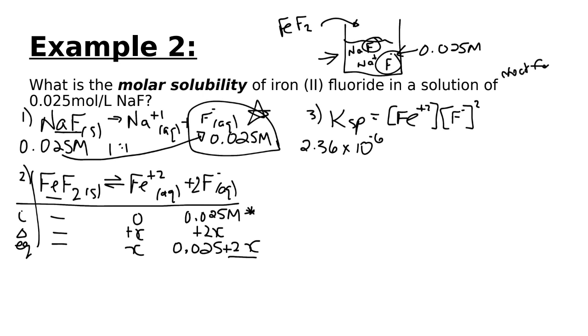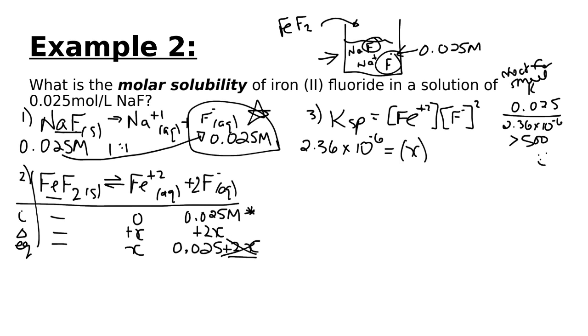We're going to check for small K. Hopefully you can read my writing. We're going to take that initial concentration of 0.025 and divide by 2.36 times 10 to the negative 6, and it is greater than 500. So we are very happy. And what this means is we can neglect that change in X on the product side. This is good news because this makes our math very, very easy.